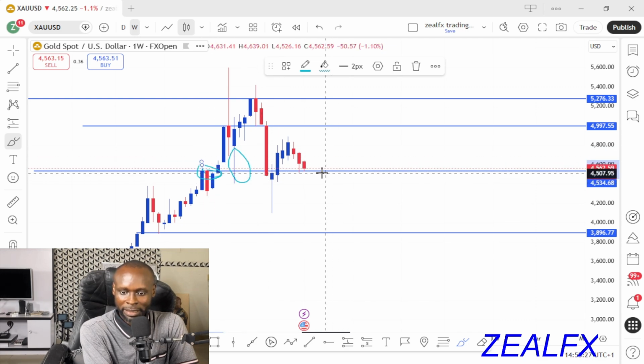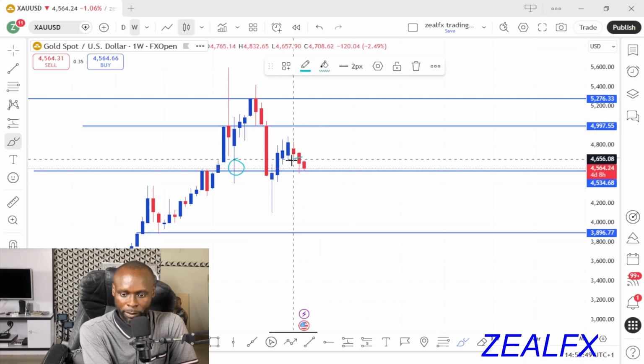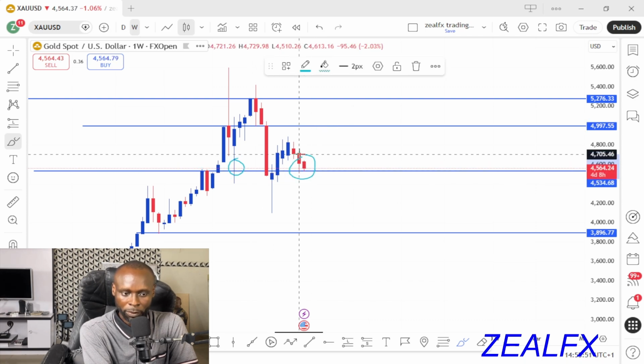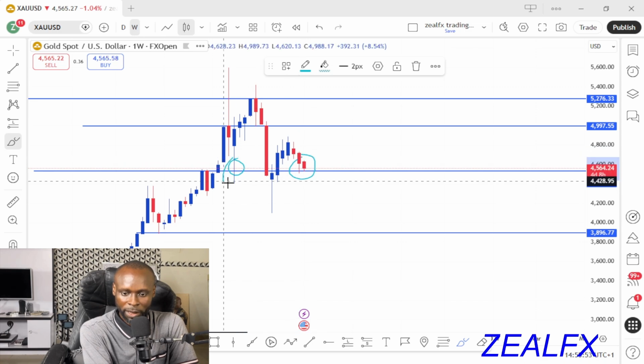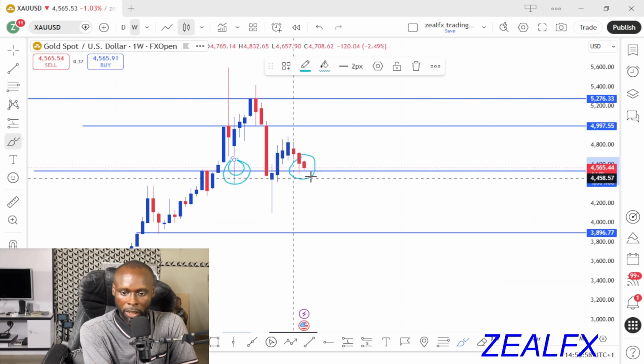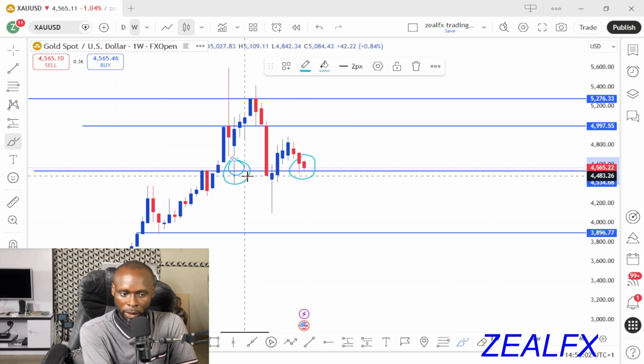you might see price pushing back to this next resistance level, because at the current level on gold, you can only buy from this particular support level. Selling from this area is a risk. So don't sell gold from this weekly support level. If you are selling from this level, you are risking your hard-earned money.